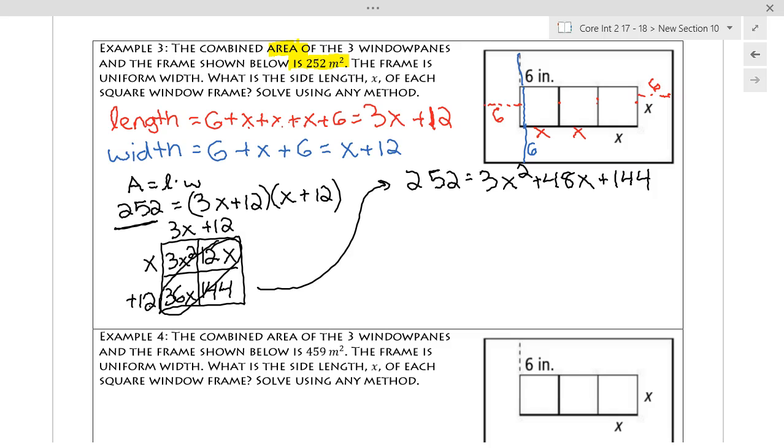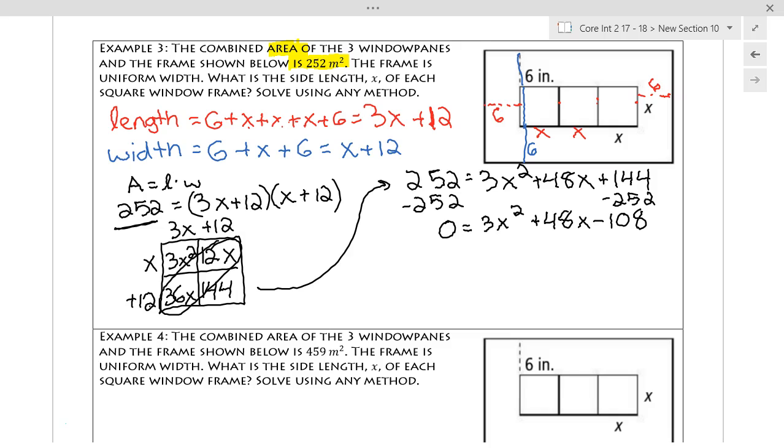Well, in order to factor or solve, right, I need to have it equal to 0. So I'm going to subtract 252 from both sides. 0 equals 3x squared plus 48x. 144 minus 252 gives me negative 108. Right? You can use a calculator. I did. I already did the problem.